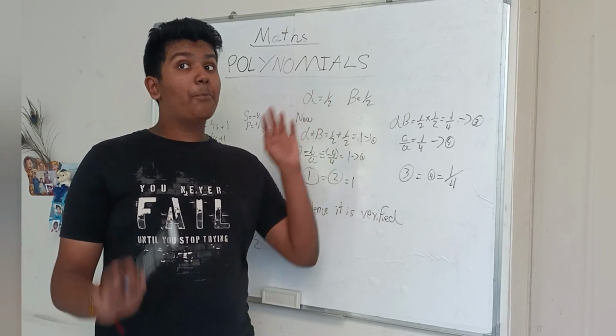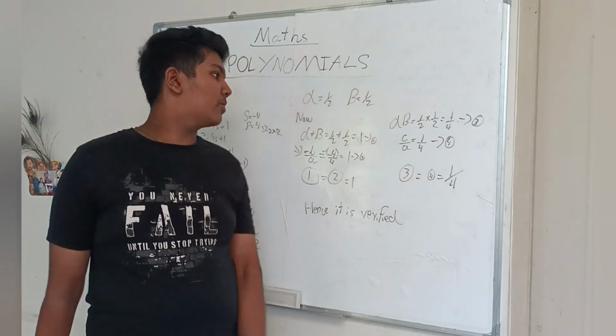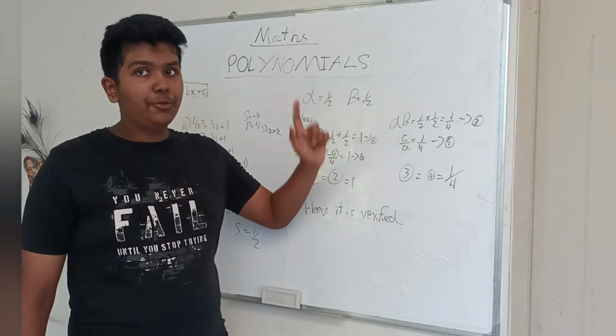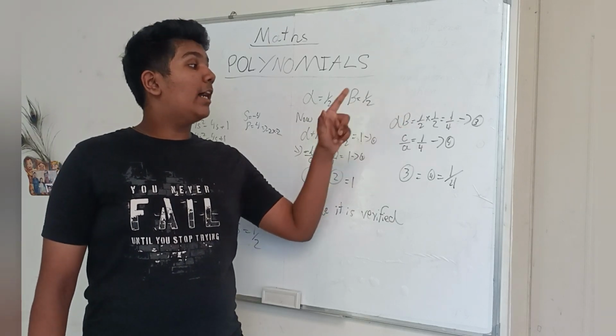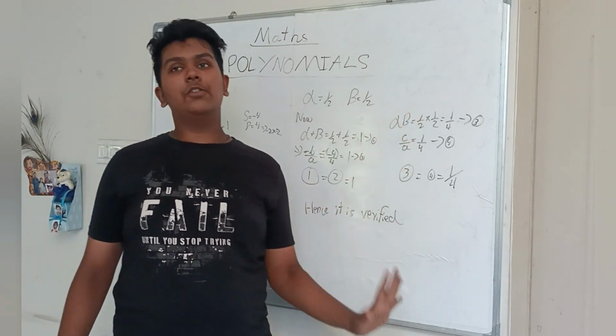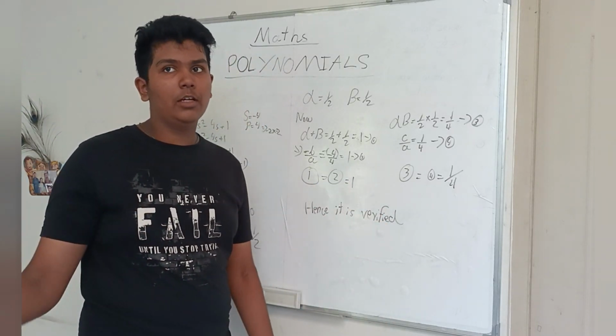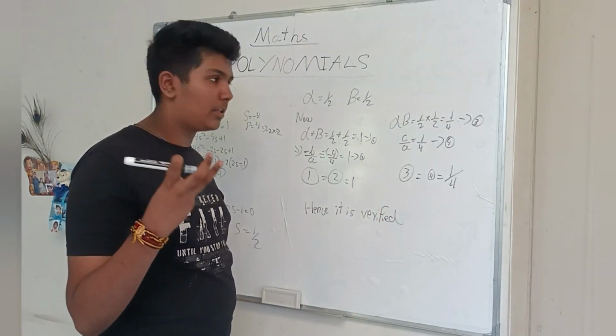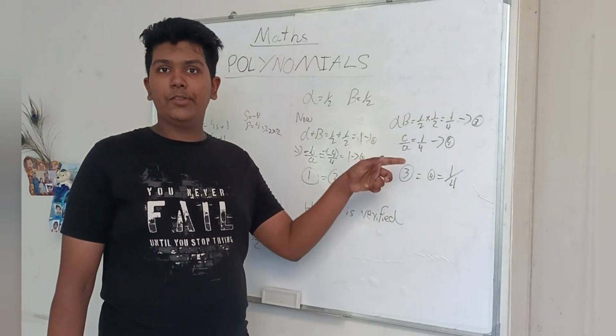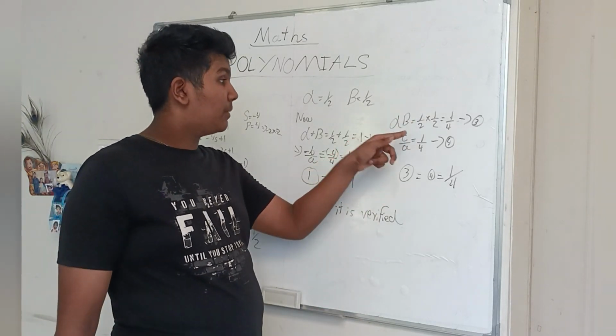Next, product of the zeros. Alpha into beta. Half into half is equal to how much? Quarter. That is 1 by 4. Now we are putting this as equation number 3. How did we do this? That is 1 by 2 and 1 by 2.